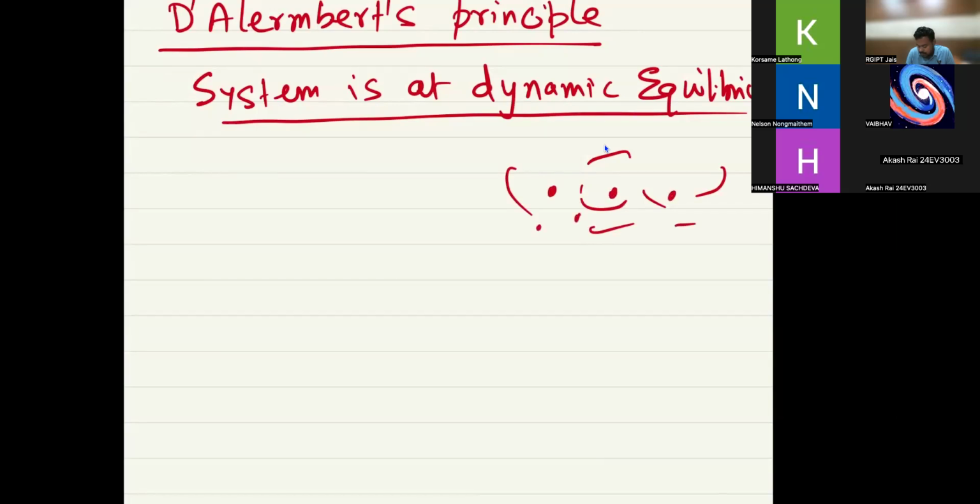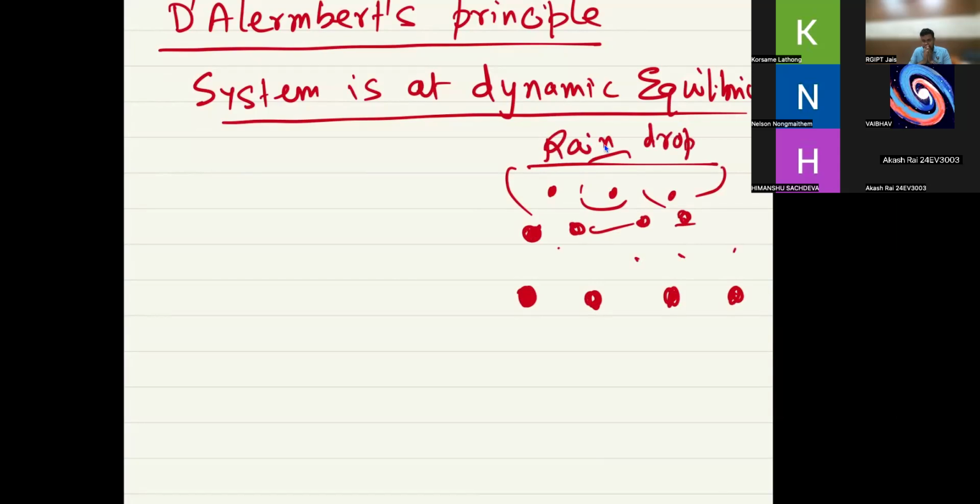But at a certain point, the size and velocity become constant. Why is that constant? Because of the resistive force.